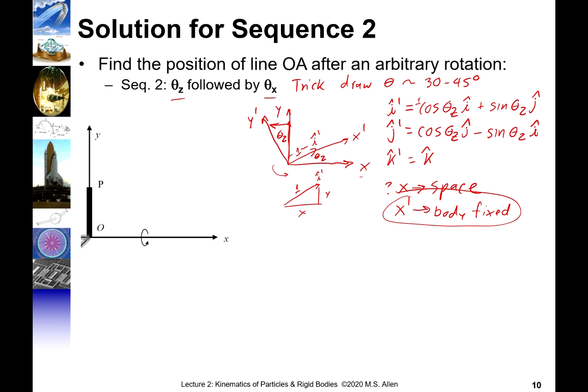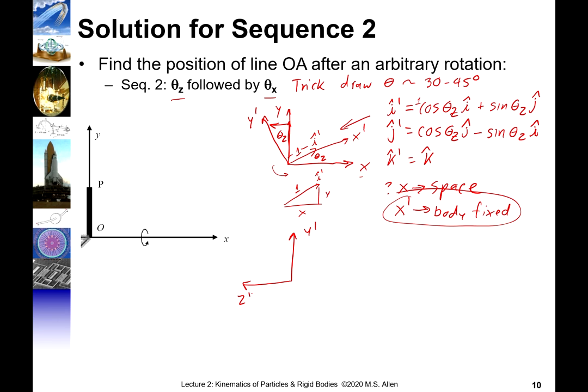But in any event, in the body-fixed case, what we need is a picture that lets us see this same thing looking down the x-axis. So we want to put our eyes and kind of look down this way. So if we do that, we'll have a picture that looks like this. We'll have the y-axis, the z-axis.